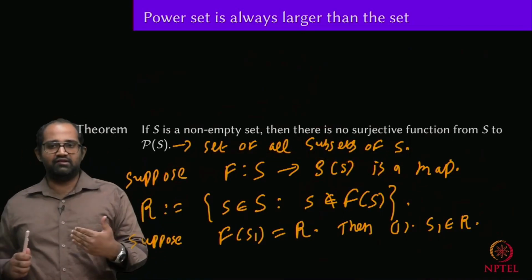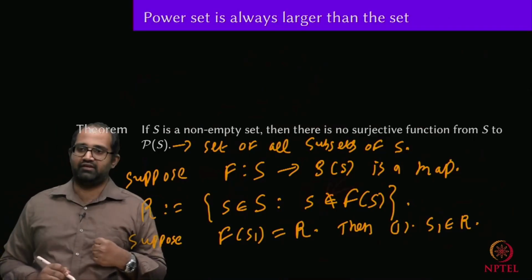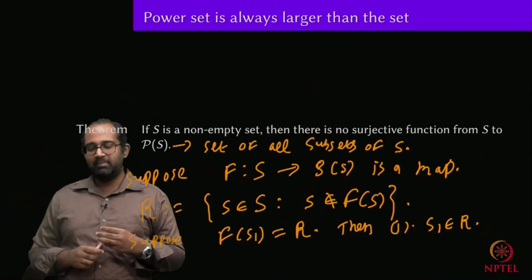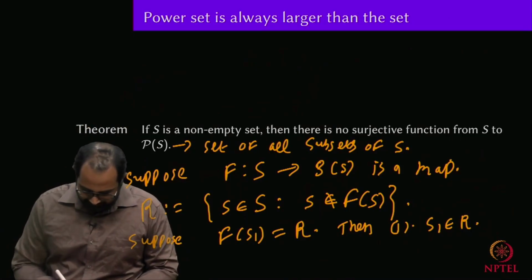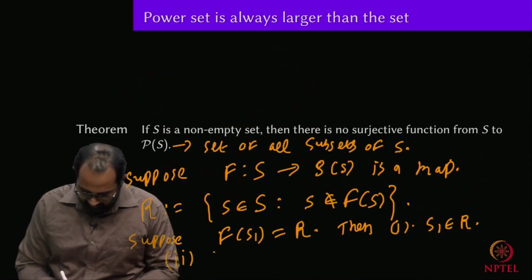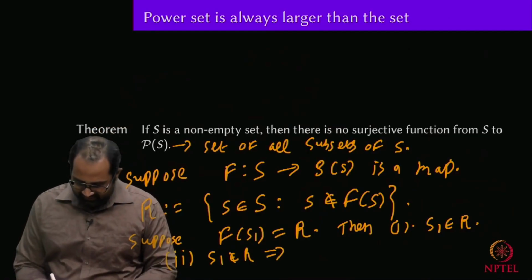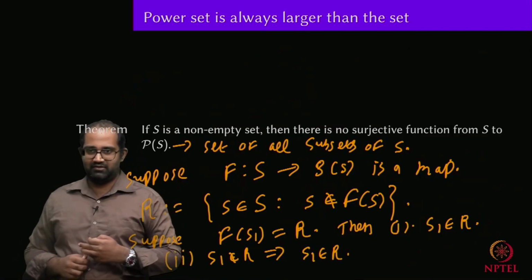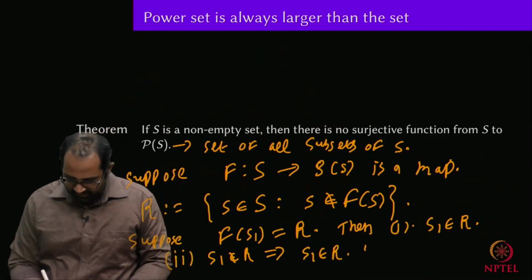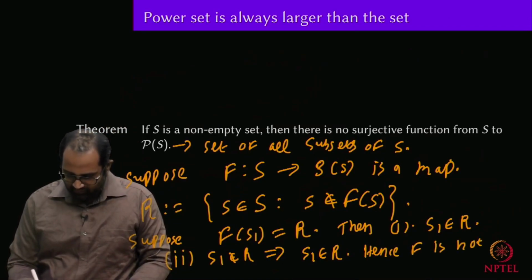Because R consists precisely of those elements s with s not in f of s, which means s1 cannot be in R. On the other hand, if s1 is not in R, then by the same logic s1 is in R. A contradiction, right? Hence, f is not surjective.